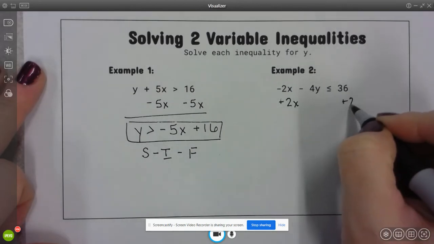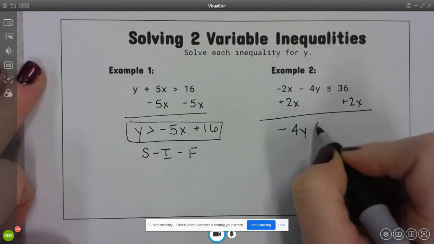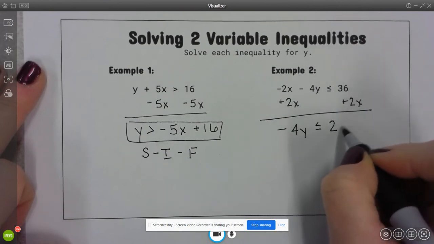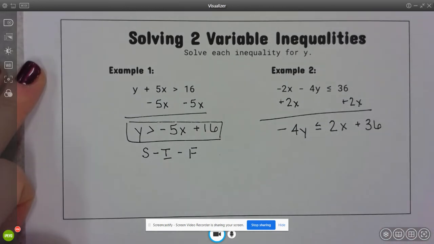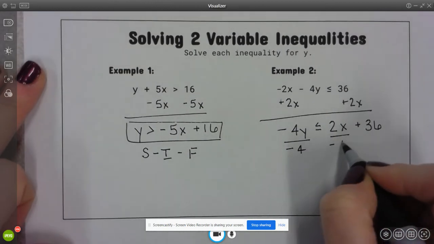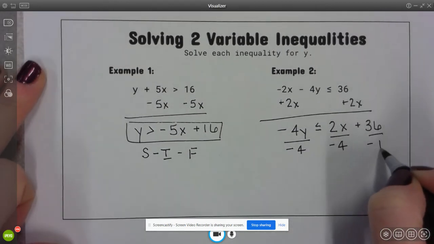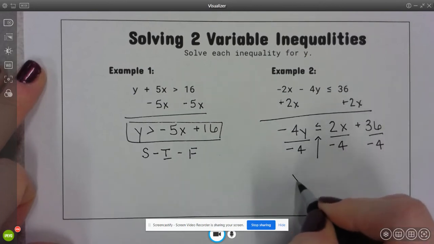Move x to the other side. So I'll have negative 4y being less than or equal to 2x plus 36. Dividing by negative 4 sends off a red flag in my head because I need to switch the sign.